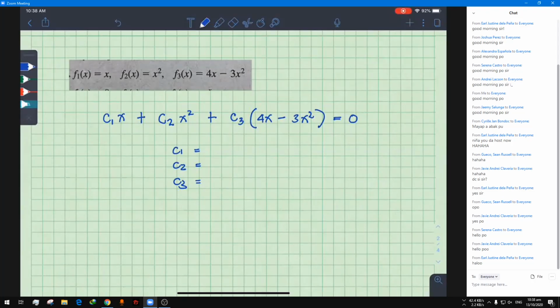They cannot all be 0, because if C1, C2, C3 are all 0, then definitely everything will be 0. It will be equal to 0.